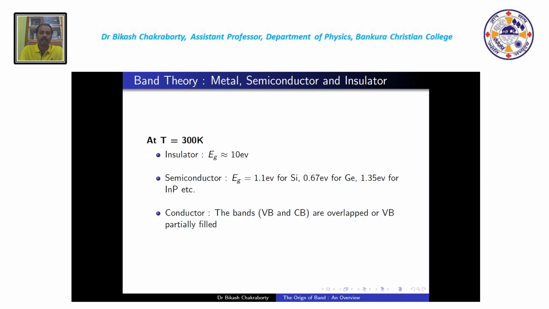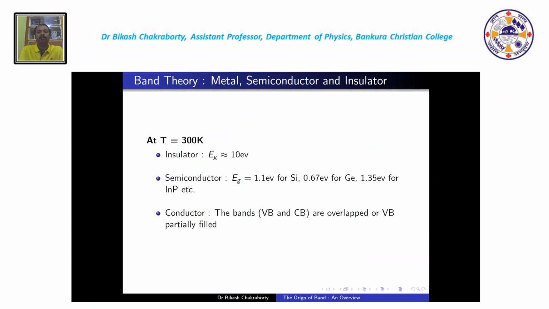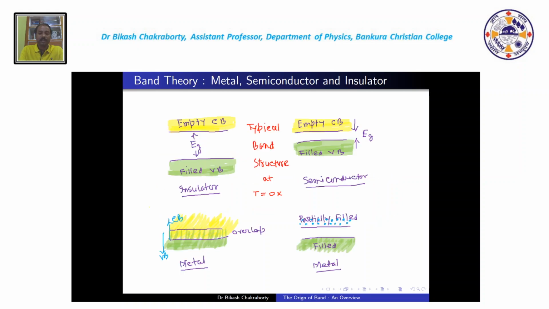I can give you a rough idea about this energy gap. At T equal to 300 Kelvin, the energy gap for an insulator is about 10 electron volt. Whereas for semiconductor, this energy gap is 1.1 electron volt for silicon, 0.67 electron volt for germanium, 1.35 electron volt for indium phosphide. So you can guess that by giving a small amount of energy, we can excite many electrons to the empty conduction band. So this is called semiconductor.